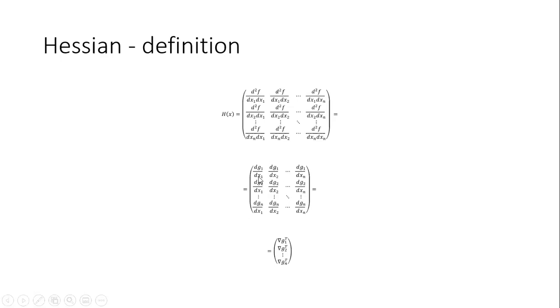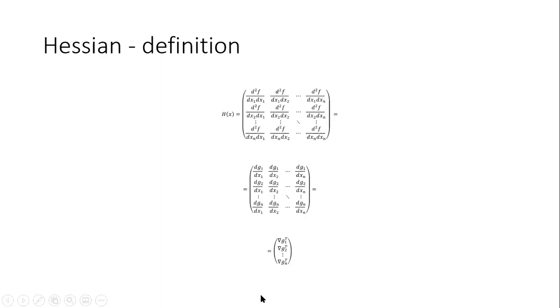Now, each row can be represented as a gradient of an element of G. So the first row is the gradient of the first element of G, the second row is the gradient of the second element of G, and the last row is the gradient of the last element of G. Because our default vector is a column, and here we have rows, we annotate the first row as the gradient of G1 transpose, the second as the gradient of G2 transpose, and so on until the gradient of Gn transpose.